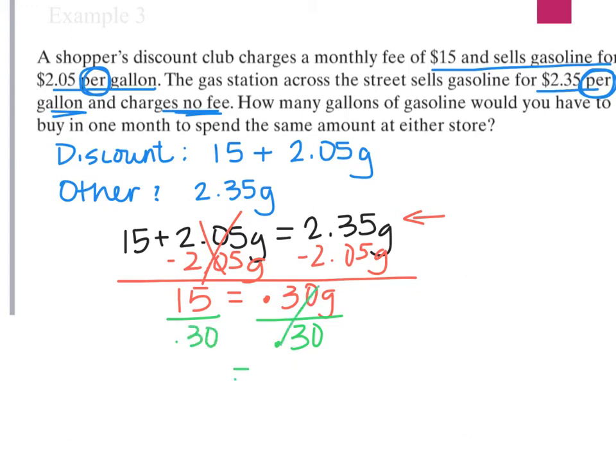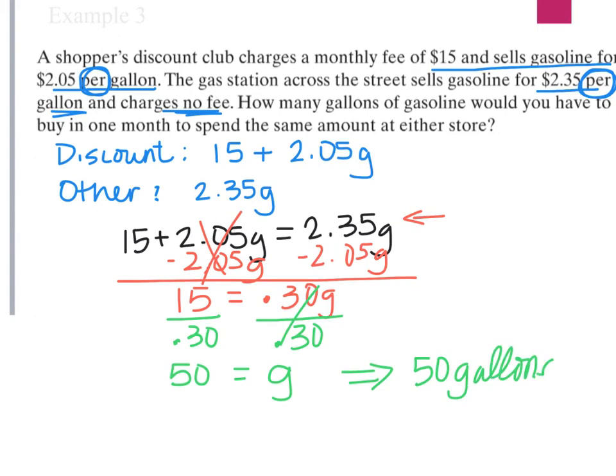So here I'm left with G on the right, and 15 divided by 0.3 is going to be 50. So what this tells me is we have to purchase 50 gallons of gasoline for the two stations to have the same price.